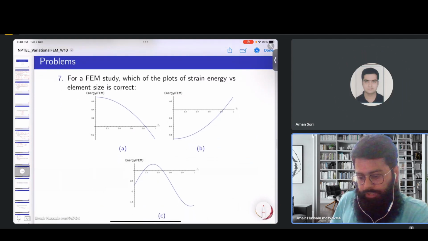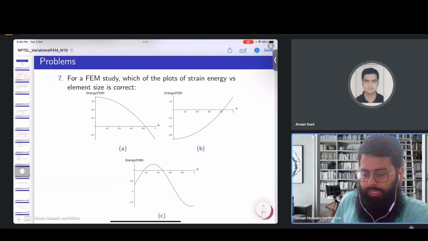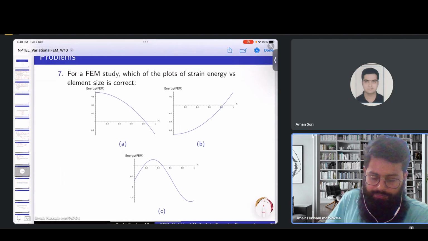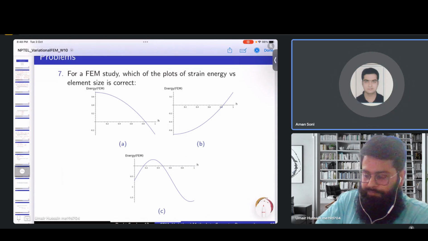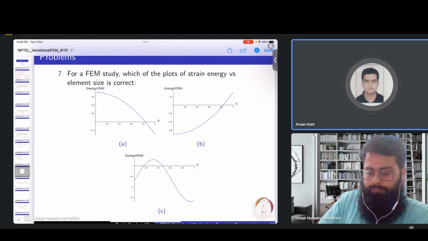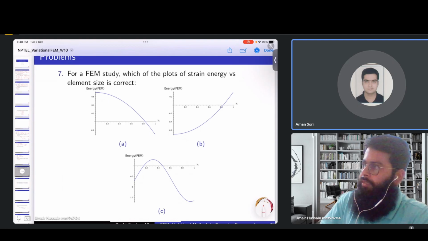Okay, so the next problem is for an FEM study: which of the plots of strain energy versus element size is correct? Which makes more sense? Strain energy versus element size.